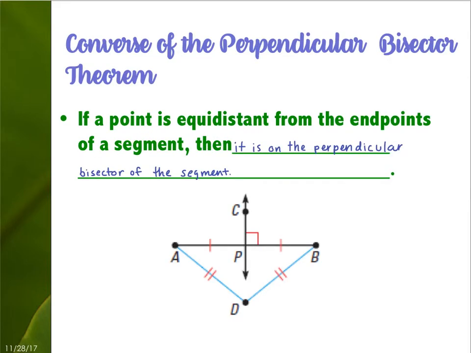The converse of the perpendicular bisector theorem is the same thing but flipped. So if a point is equidistant from the endpoints of the segment, then it is on the perpendicular bisector of the segment.